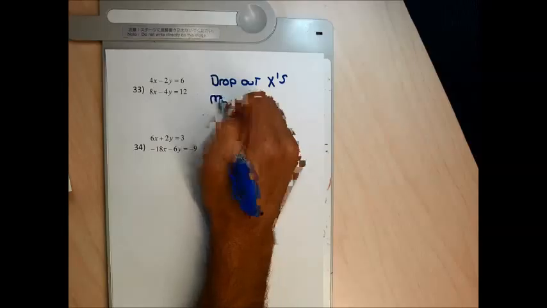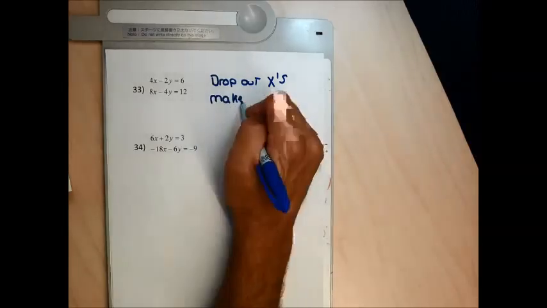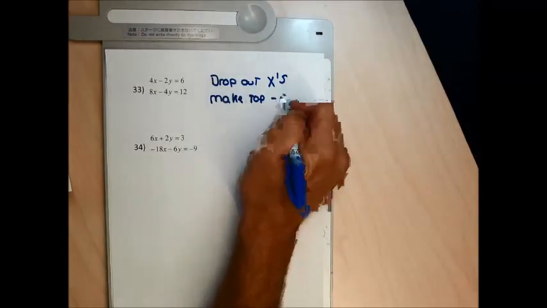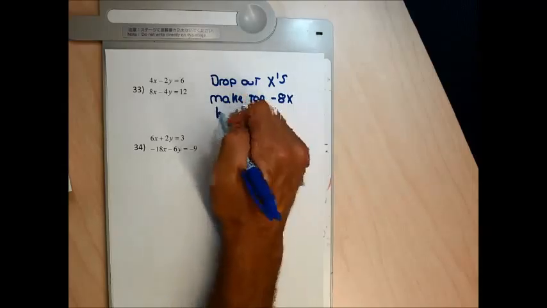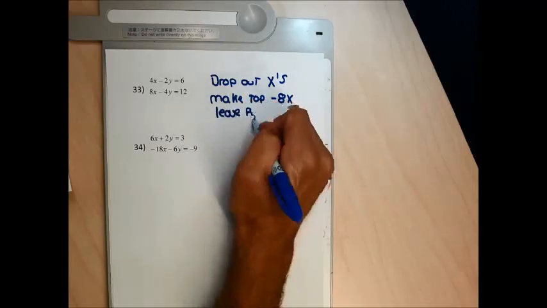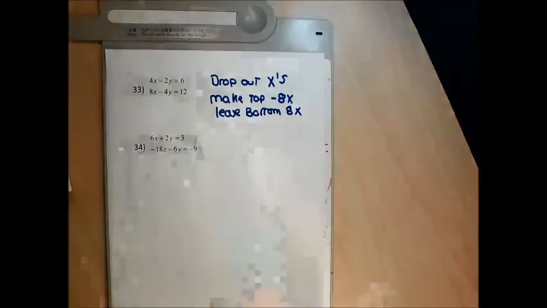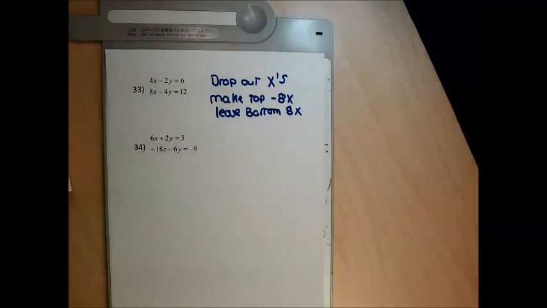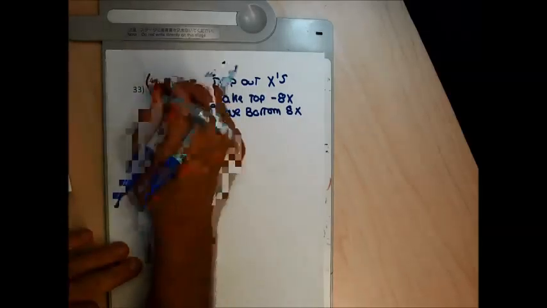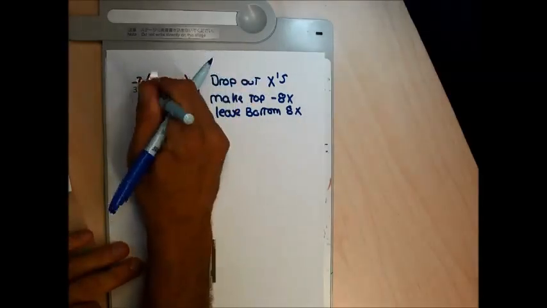I'm going to make the top have a negative 8x, and I'm going to leave the bottom with its positive 8x, and that'll make the x's drop out. To get the top to have a negative 8x, I have to multiply everything in the top by minus 2.